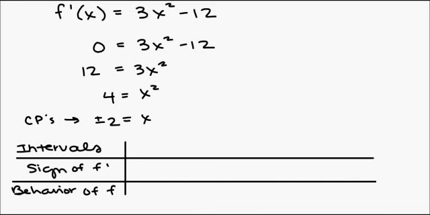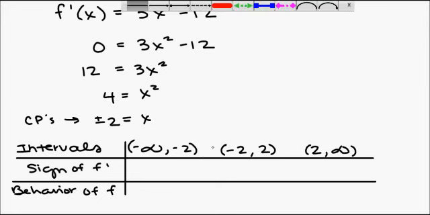Okay, my first interval is from negative infinity to negative 2, stopping right at this first critical point. The next interval will be negative 2 to positive 2. And last will be 2 to positive infinity.